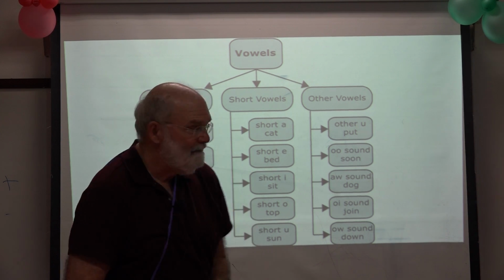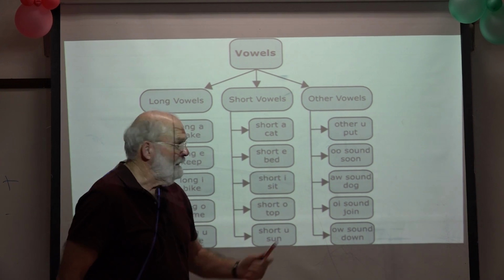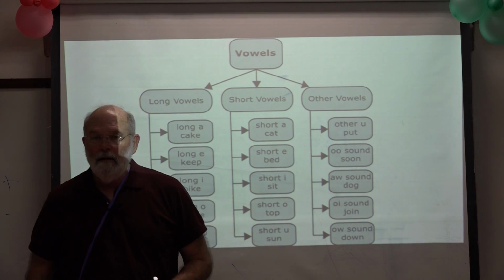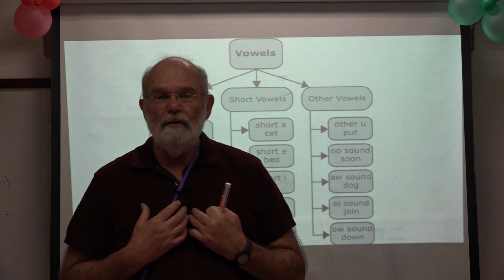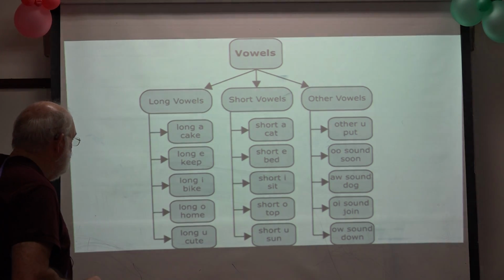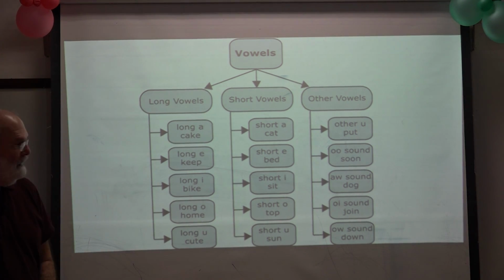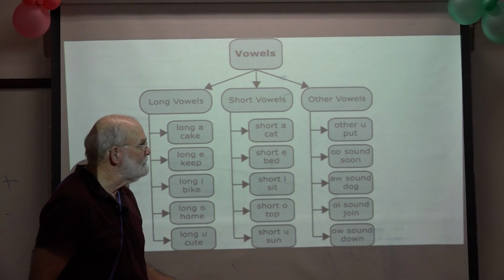Now, some vowels are neither long nor short, like the U sound. If that were a long vowel sound, it would be U, as in cute. But we're not saying it as a short sound.